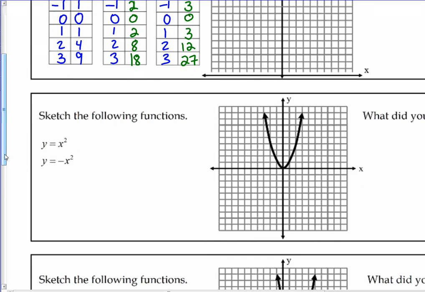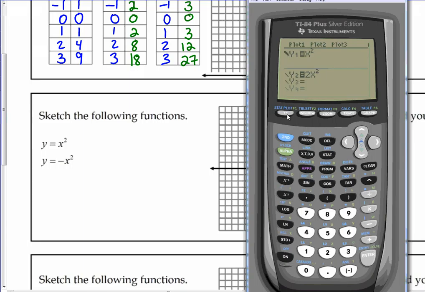What happens if our a value is less than 0? Look at my graphs. Okay. -x squared, what happens? Boom!